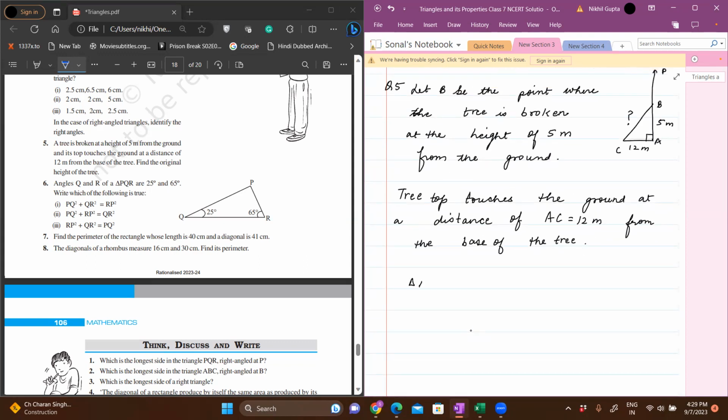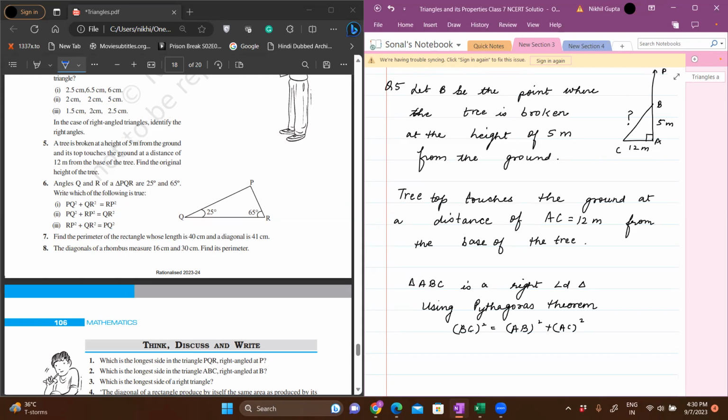Now triangle ABC is a right angle triangle. Using the Pythagoras theorem, BC square is equal to AB square plus AC square.